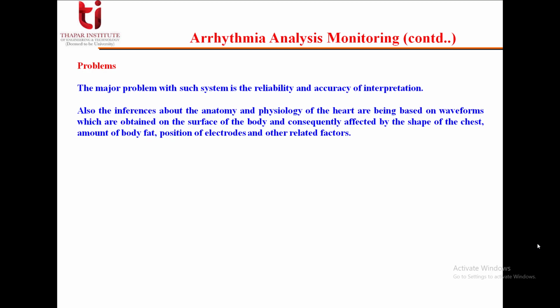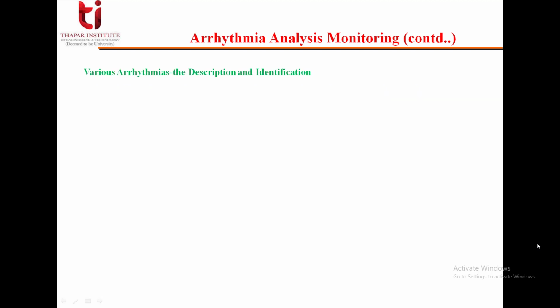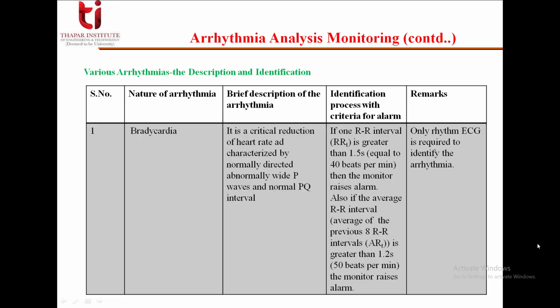Also, the inferences about the anatomy and physiology of the heart are based on waveforms which are obtained on the surface of the body, and consequently are affected by the shape of the chest, amount of body fat, position of the electrodes, and various other related factors. Now we'll see the various arrhythmias, their description, and how they are identified.